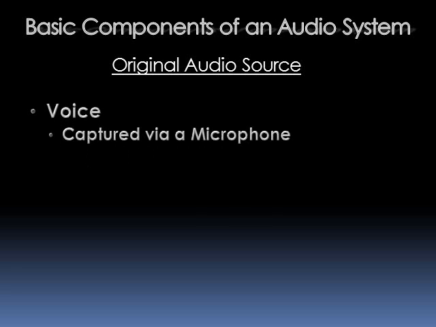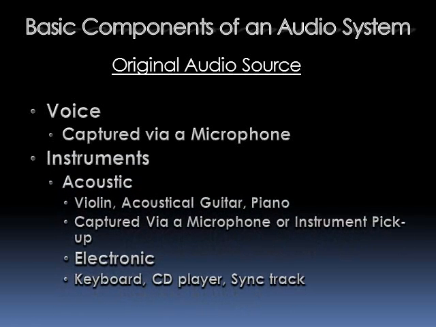As we explore the original audio source, like I said, this could be voice, usually captured via a microphone, people singing, people speaking, those types of things. Instruments, a couple of examples. We have acoustic instruments, violin, acoustic guitar, piano, captured via a microphone or an instrument pickup.